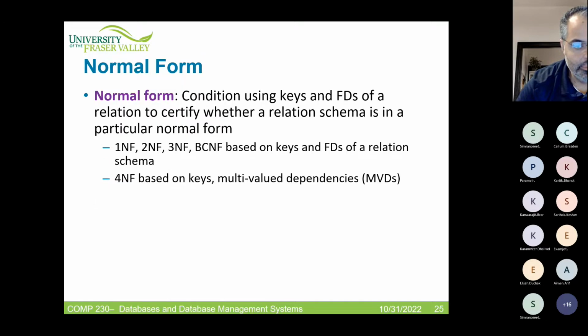The normal form conditions use keys and FDs of a relation to certify whether a relation schema is in a particular normal form, like first, second, third, BCNF, based on key and FD relations. And the fourth is based on the key and multi-value dependencies. We will talk about it later.